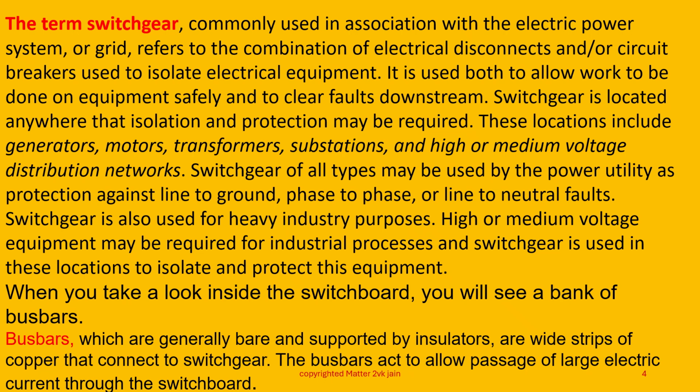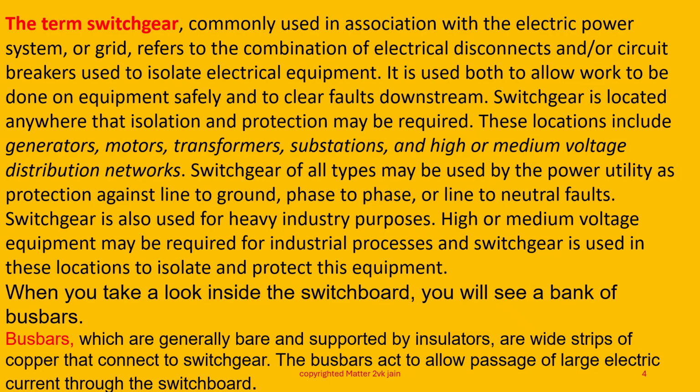It is used both to allow work to be done on equipment safely and to clear fault downstream. Switchgear is located anywhere that isolation and protection may be required. These locations include generators, motors, transformers, substation, and high or medium distribution network.